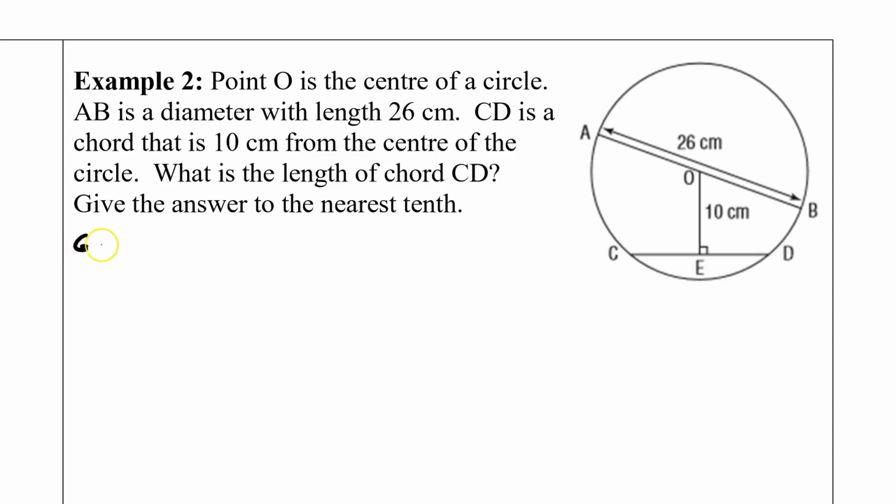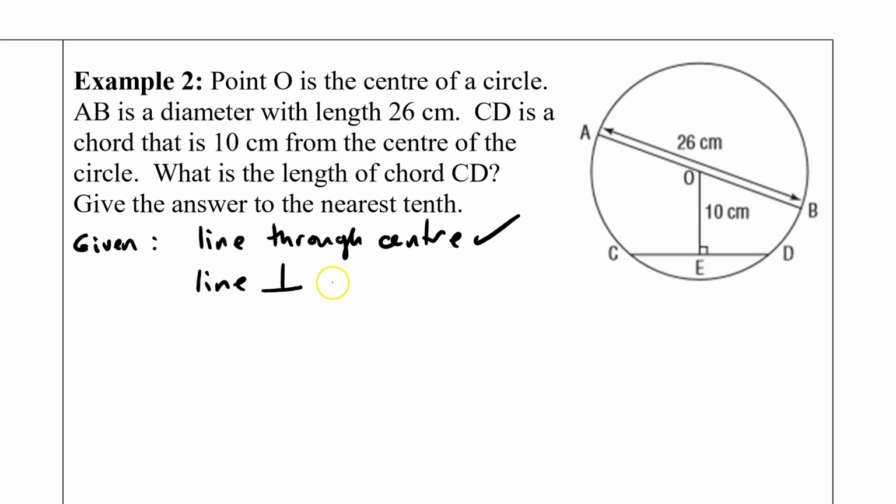So let's talk about what we're given. We're given that the line goes through center. Check. And we're also given that the line is perpendicular to the chord. In another way we can say OE is perpendicular to CD.